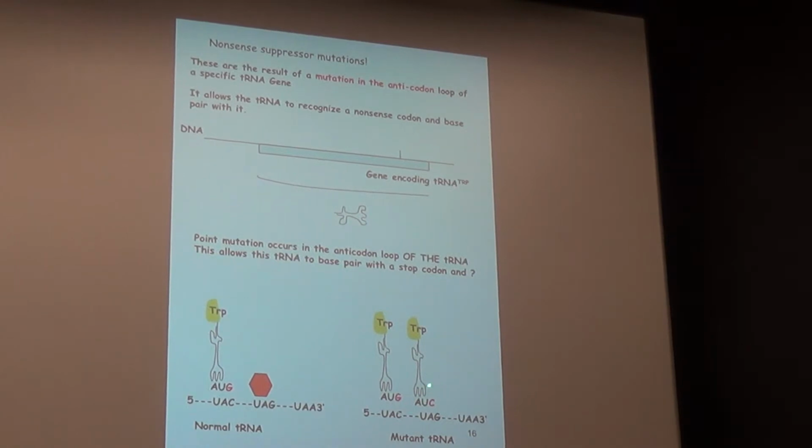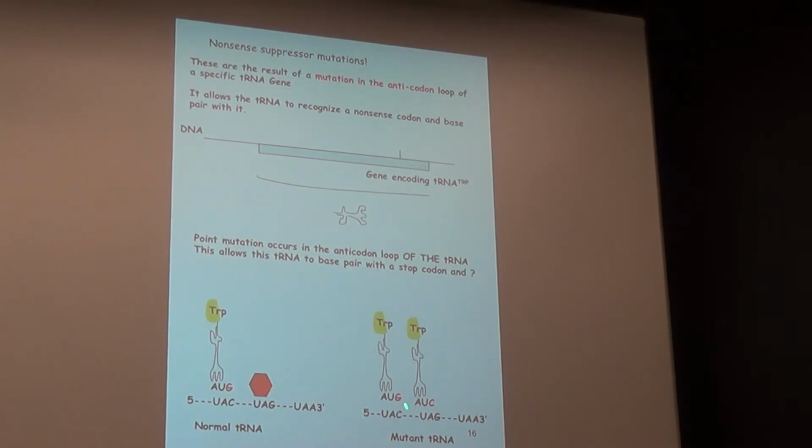It has a mutation such that instead of a G, it's been converted to a C. When you get these mutations in the tRNA gene, the tRNA now starts to pair with a stop codon. And when that happens, you don't stop translation, you just keep making the protein. And so you get a longer protein.